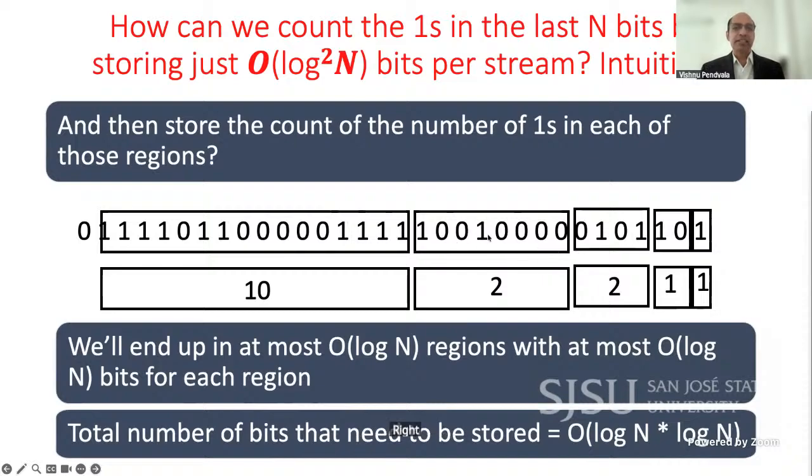So there are logarithm of n buckets, and each bucket has at most logarithm of n to the base 2 number of bits. So you get log squared n. So you can save space that way.